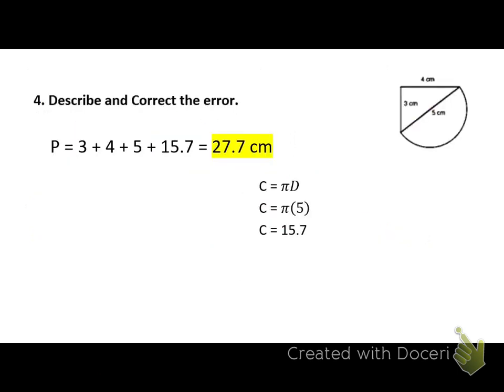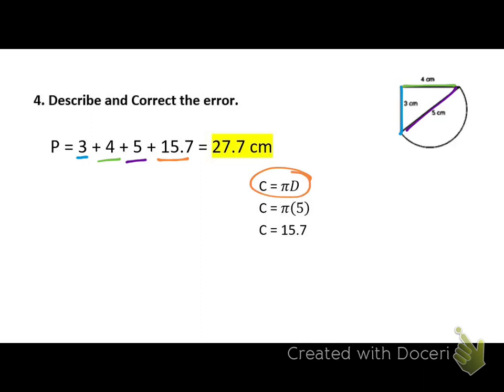This next one is to describe and correct the error question. You will have one of these on your test, for sure. It'll look a little different, obviously, but same idea. They found the perimeter. They said they added 3, they added 4, they added the 5, and then it says they added 15.7.